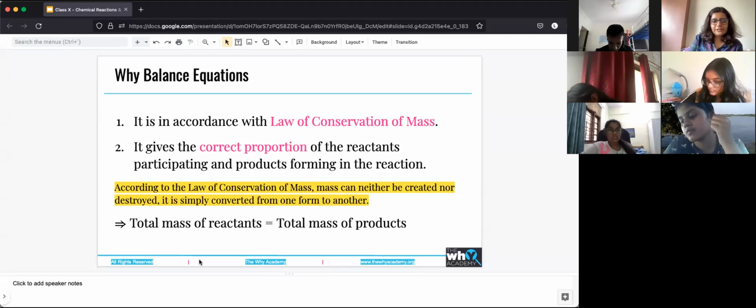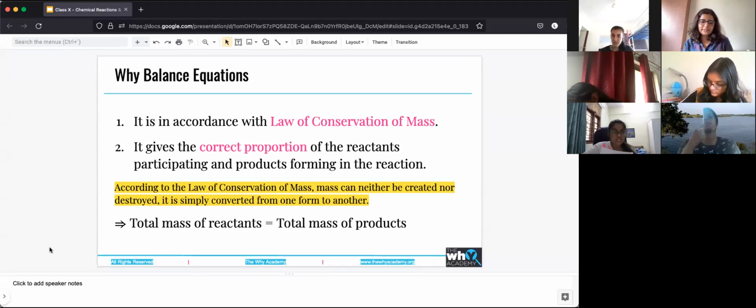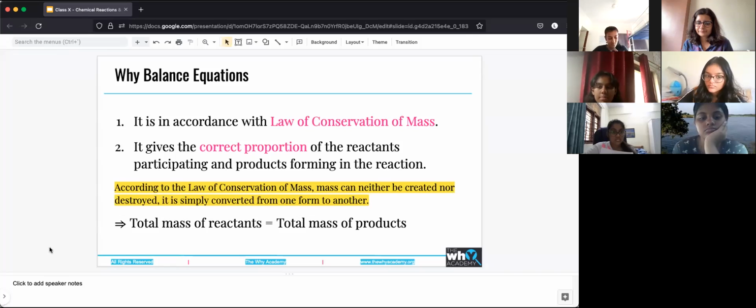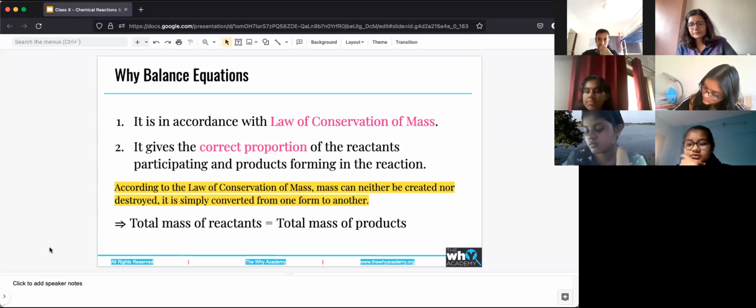Before we go forward, whoever has finished writing, has this concept been finished in your school? Must have done this chapter. The chapter started, but we're still going on. You haven't reached balancing equations. No, ma'am. We'll be doing that in the next class. In our class we've done types of reaction, like double displacement, decomposition and all. We are going to oxidation and reduction now.